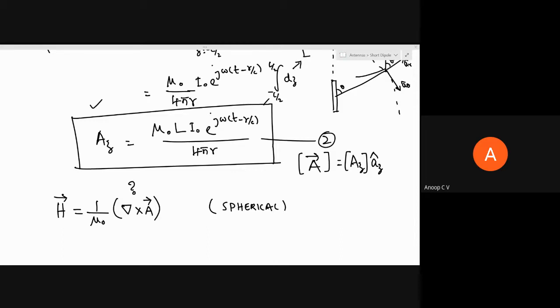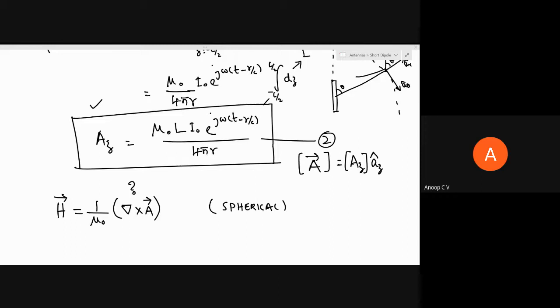It was a line integral. Then we found the magnetic potential has only Z component, and the vector can be written as whatever AZ is written here in equation 2 along AZ cap. That is our vector.